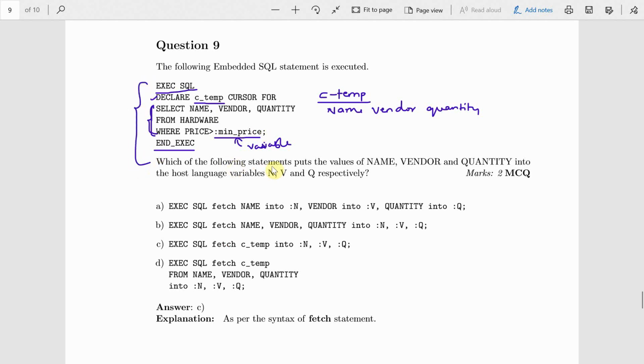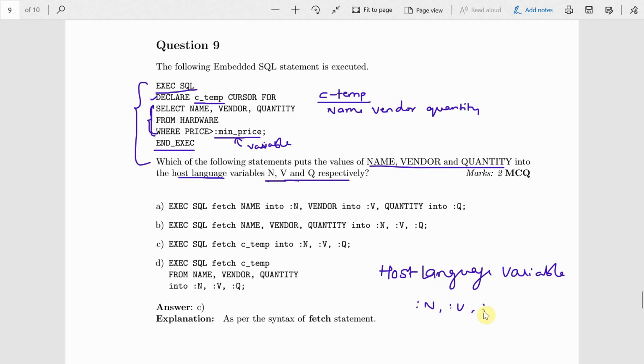Then the question: which of the following statements puts the value of name, vendor, and quantity into the host language variables N, V, Q? Observe that host language variables are always preceded with a colon, so we should use :N, :V, :Q. It is a syntax in the embedded query language, so in all options colons are used.